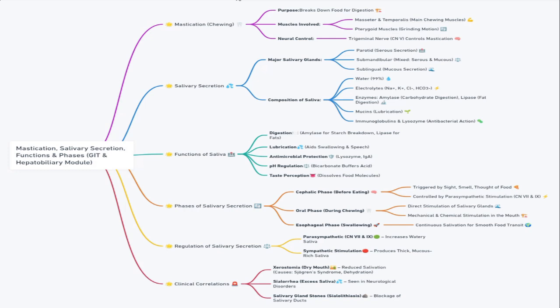For example, in diabetes mellitus, glucose is secreted, and in nephritis, urea is secreted in the saliva.